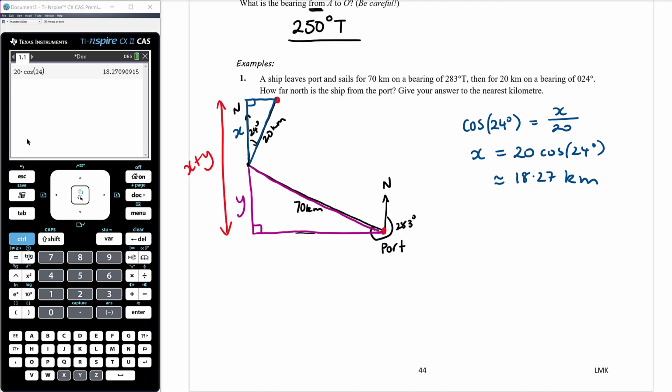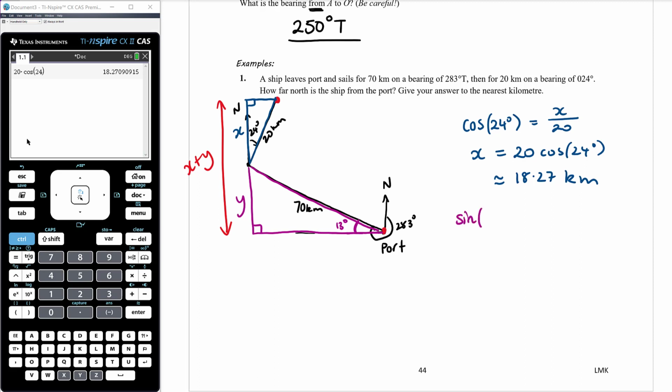In the purple triangle, we're trying to find y. Now we know this angle in here because we know it's 270 to get round to this horizontal line, and 283 is another 13 degrees past there, so that's 13 degrees in there. So relative to that 13 degrees, y is the opposite side and 70 is the hypotenuse, so we're going to need sine.